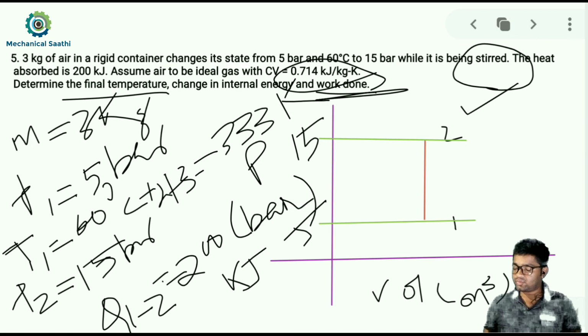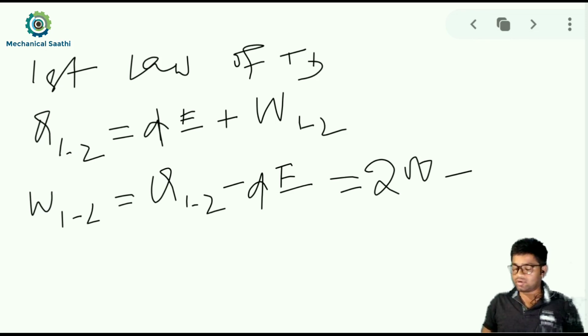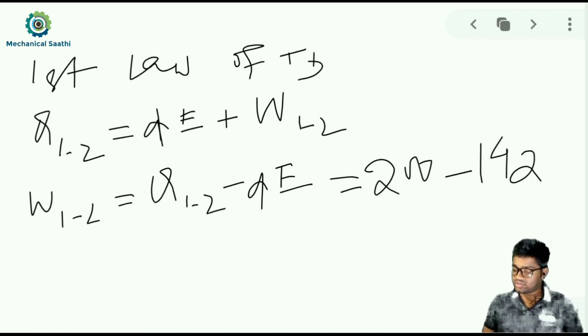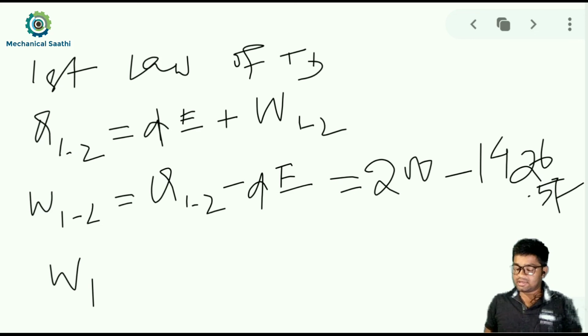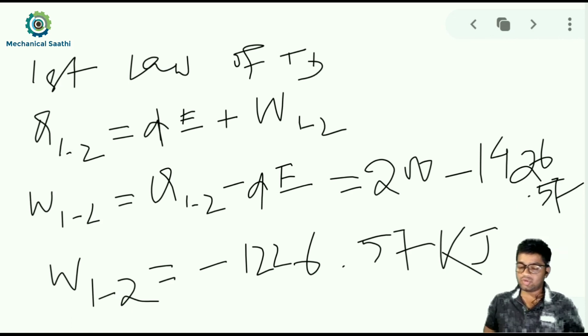Okay, so that is 200 in terms of kilojoule minus dE, already we have calculated that value, that is minus 1426.57 kilojoule. Okay, so if we will be calculating this value, then we can get W12 as minus 1226.57, that will be in terms of kilojoule again.